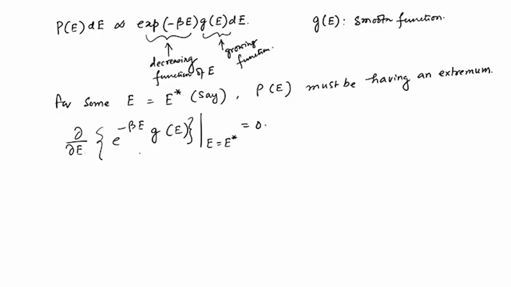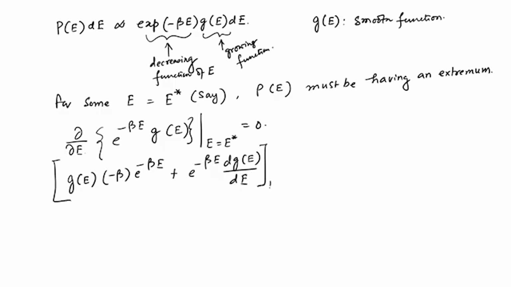So, let us try to take this derivative. It's the two functions, so use the chain rule. So, we will have g of e minus beta into e to the power minus beta e plus e to the power minus beta e dg/de, and the whole thing at E equal to E star has to vanish.